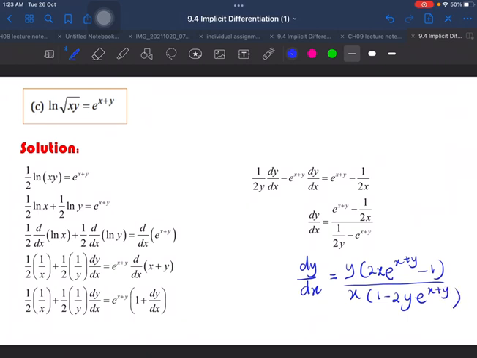Okay, this is the answer for question C, ln of the square root of xy equal exponent to the power of x plus y.